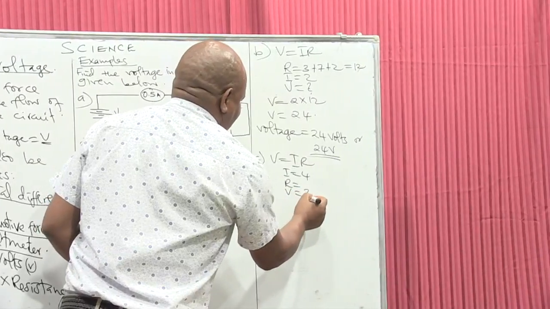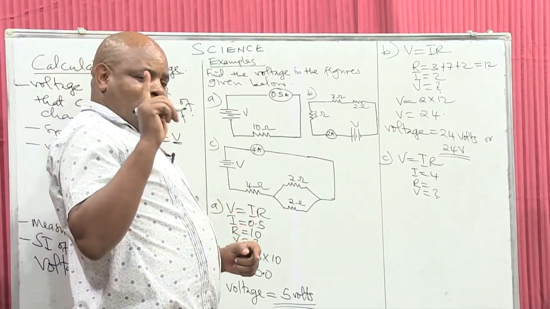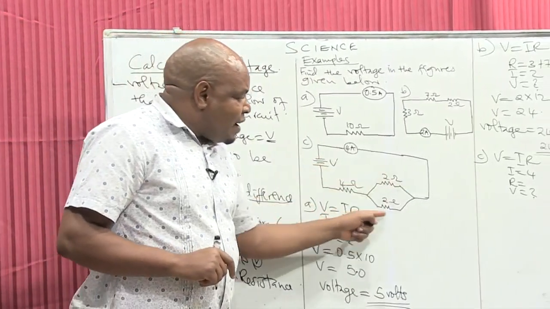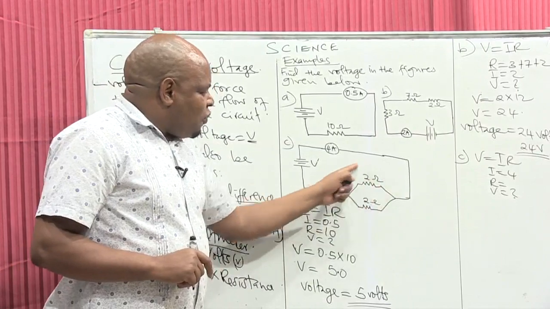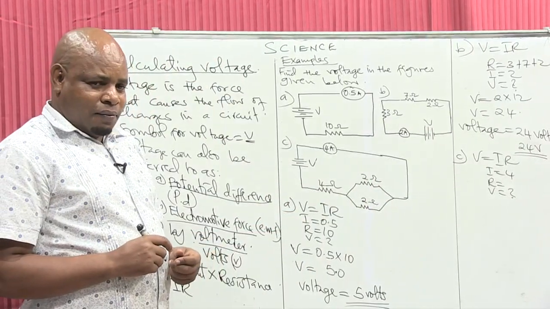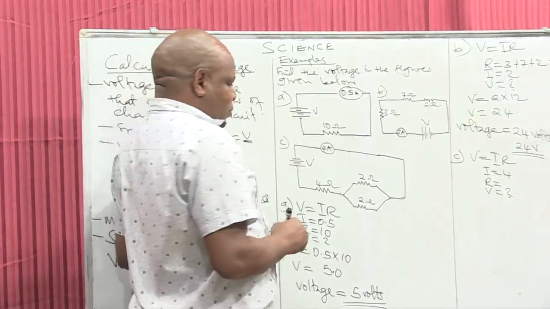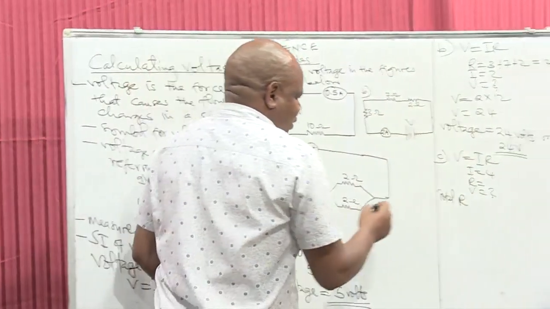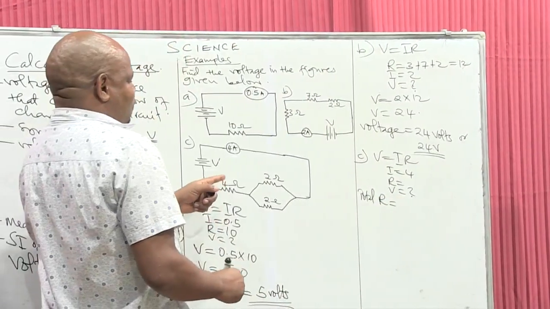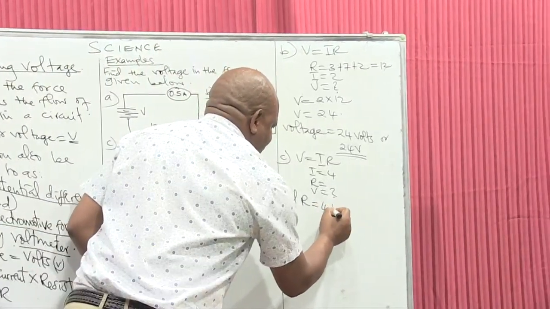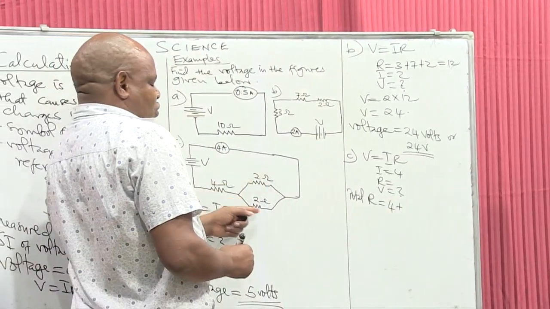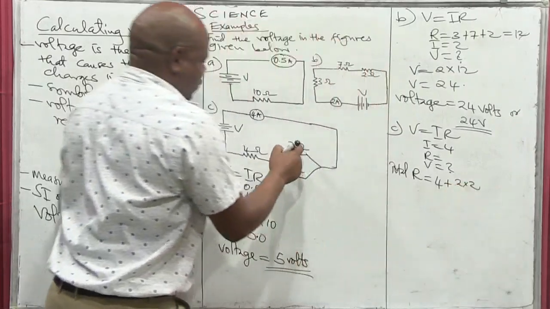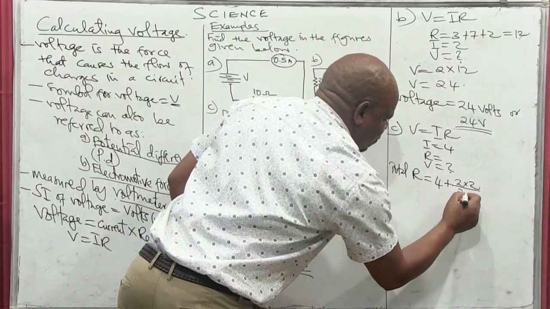V, we don't know. Now let us find total resistance in figure C, because we have a combination of parallel and series. So total R is equal to 4 plus the total resistance in the parallel part. How do you get it? 2 times 2, divided by 2 plus 2.